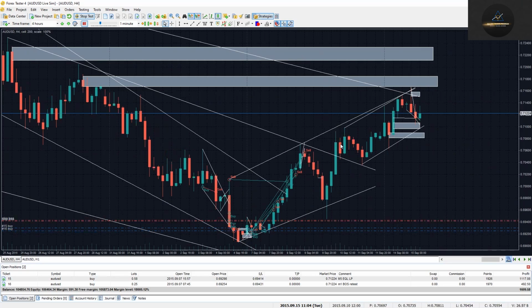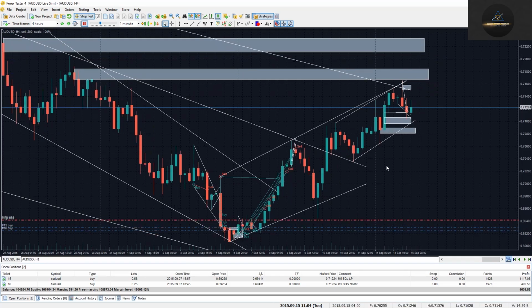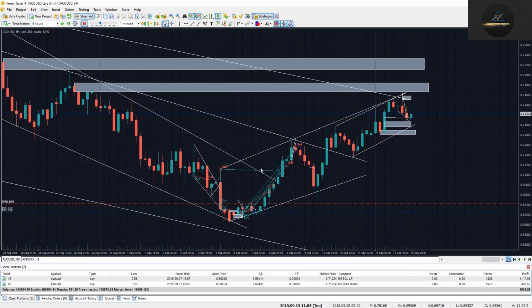Yeah, this could potentially be a longer wave 5. This is again 1, 2, 3. So this could actually be the beginning of another big motive wave. That's why I've got this ascending sort of pattern. I've got a little bit of an expanding one here. 1, 2, 3, 4, 5.